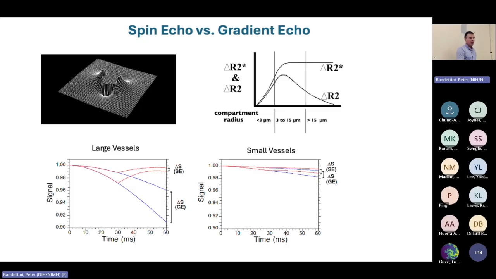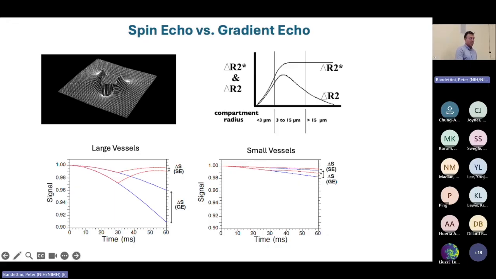So their phase isn't lost. All this is to bring out the point that gradient echo is more sensitive to vessels of all sizes, and spin echo is sensitive to vessels that are on the order of capillary size to small vessel size. And this is just basically 2 simulations that show the same thing.